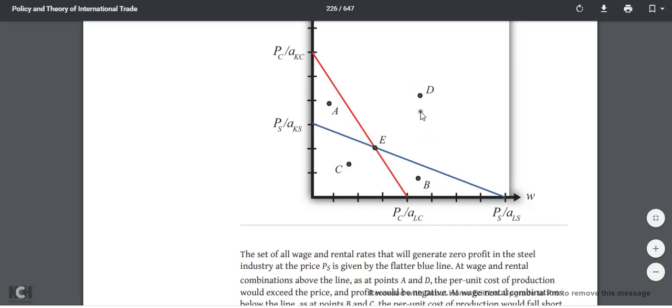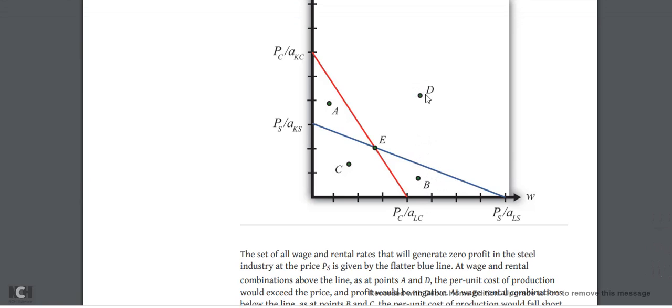If an industry takes up any of these two, and if it produces the commodity, obviously the firm produces the commodity with increased cost of production, and the profit will be negative.